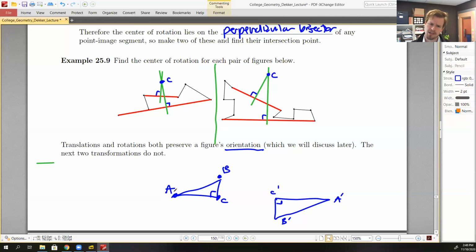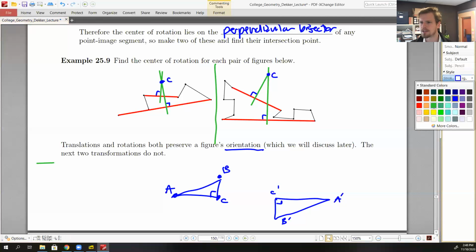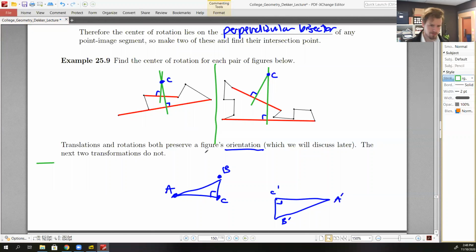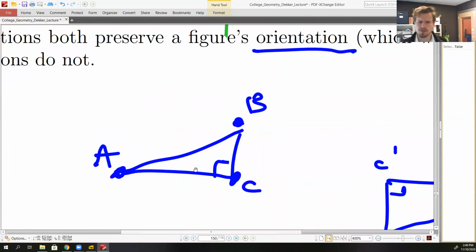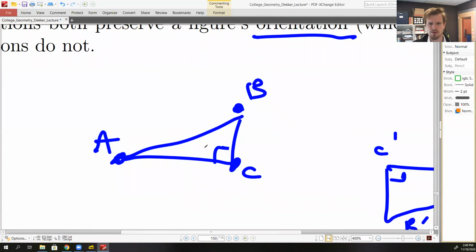So if we have A, B, C, right, as we travel A, B, C, in that order, we find that as we travel along, we're traveling in a clockwise rotation, A, B, C, right? That's clockwise.